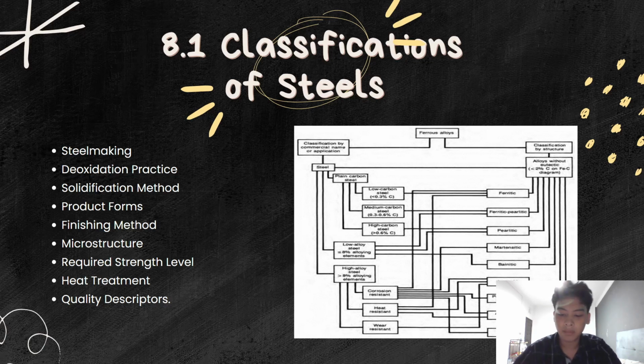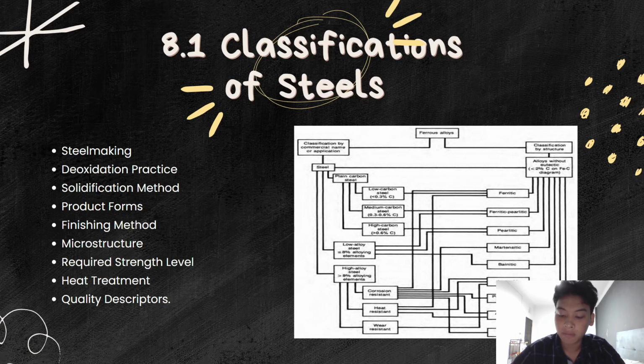Steelmaking can be broadly classified into two steps. Primary steelmaking is in a converter or furnace, and secondary steelmaking in a ladle. The two most important steelmaking processes are the electric arc furnace or EAF process and the basic oxygen furnace or BOF process, or LD, Linz-Donawitz process.